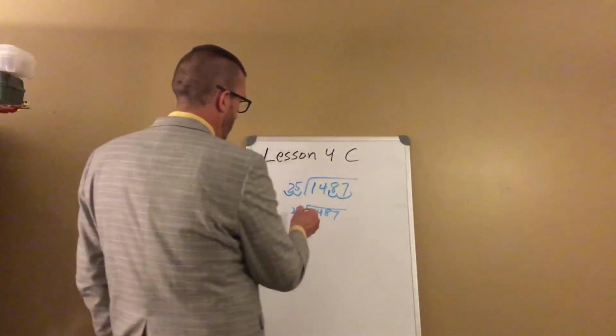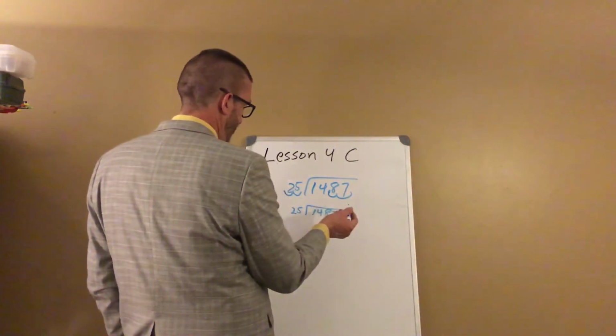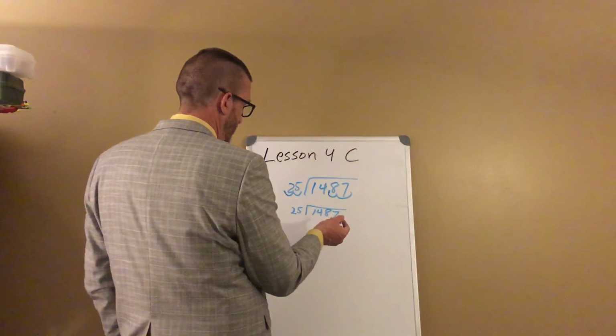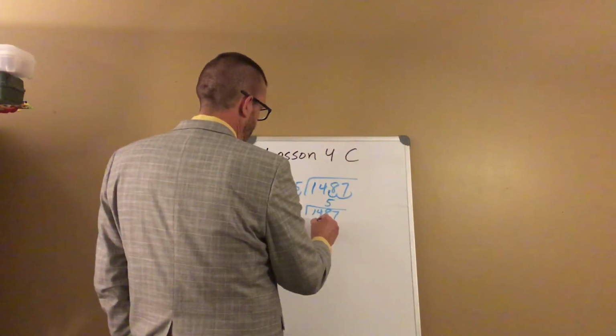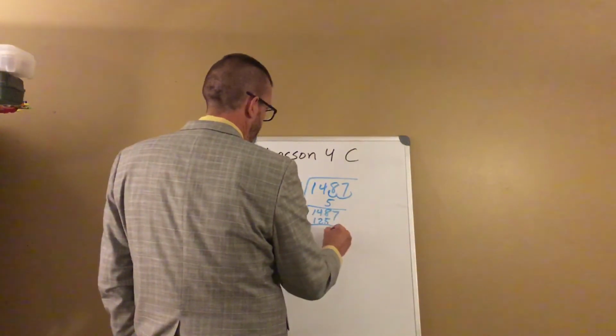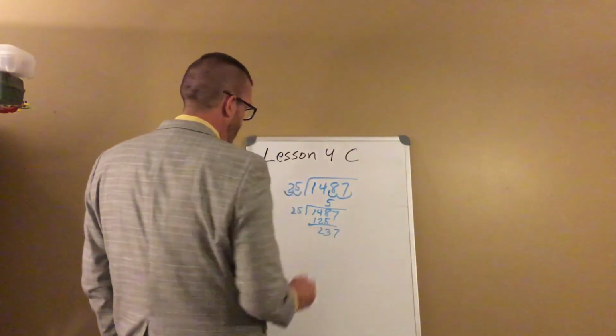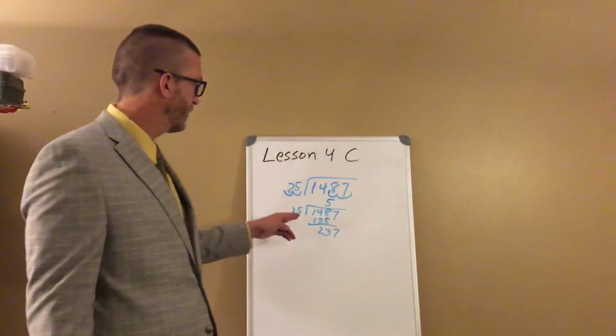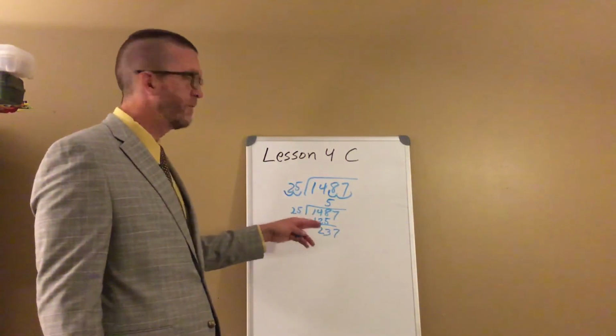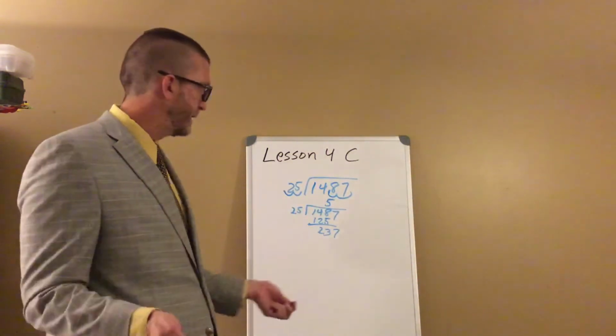25 goes into 148, what, 5 times? 6 times would be 150, so 5. So that is 125. We get 3, we get 2, we get 137. 25 goes into 100 4 times, so 25 would go into 200 8 times.